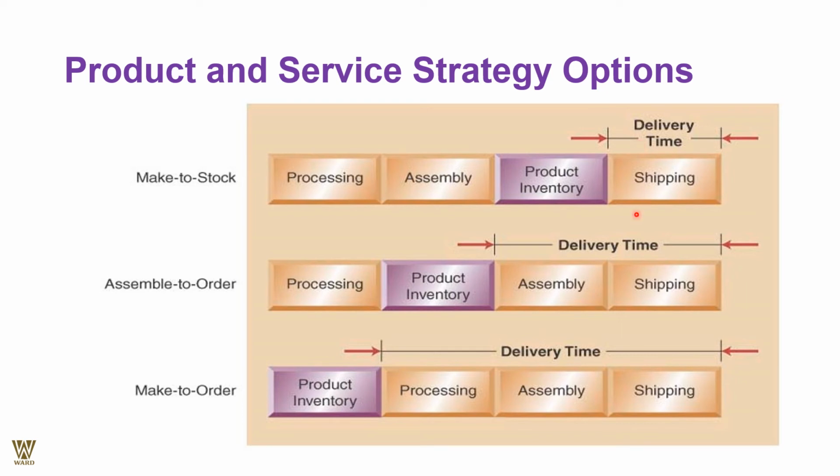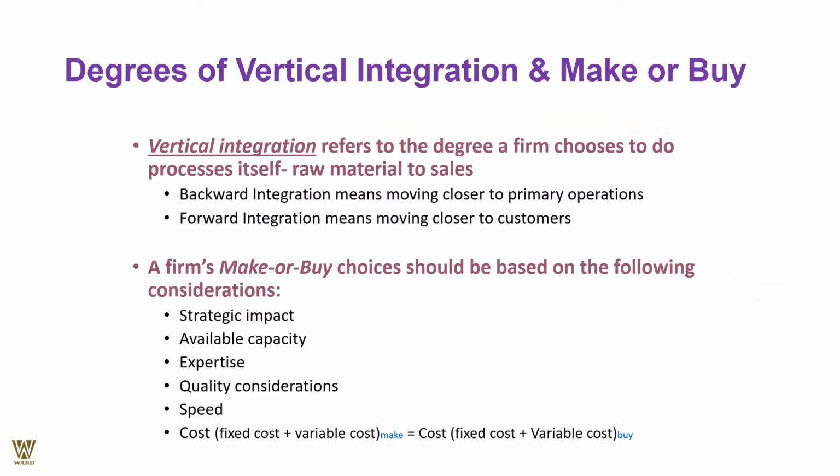That is what I wanted to depict in this pictographical representation. Make to stock is quickly delivered, assemble to order is delivered with a standard time, but make to order is delivered with a very longish period of time, but then the quality of the product should thrill the customers altogether.